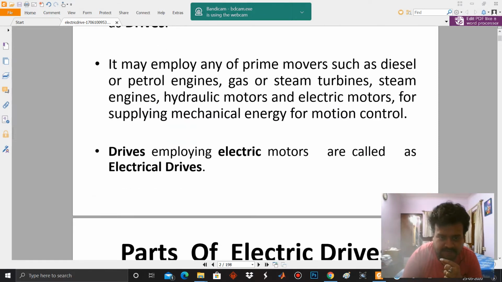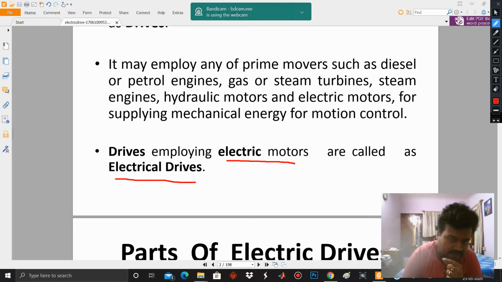Drives employing electric motors are called electrical drives. It may be a mechanical drive, but our point of concern is electric motors as well as electric drives. We will be studying the different types of electric drives in this particular subject.